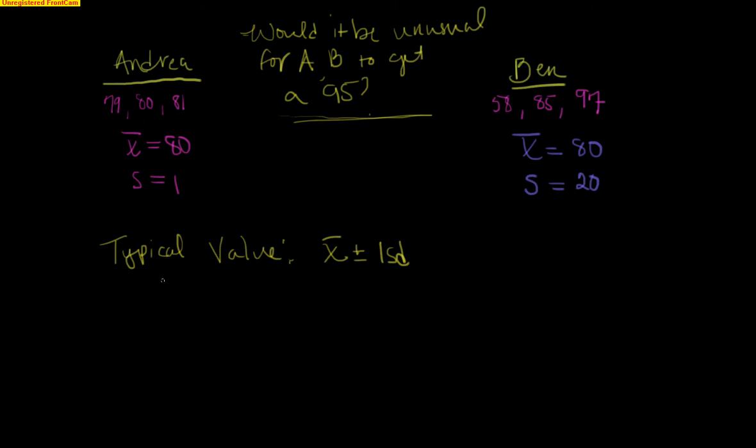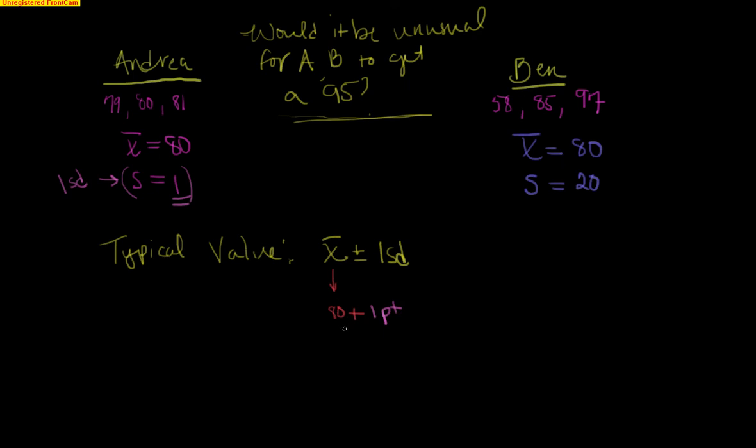So for Andrea, what is her typical test range value? Well, her mean is 80. So it's going to be 80 plus 1 standard deviation, and 1 standard deviation for Andrea is 1 point. That's going to take a little while to get that concept down.